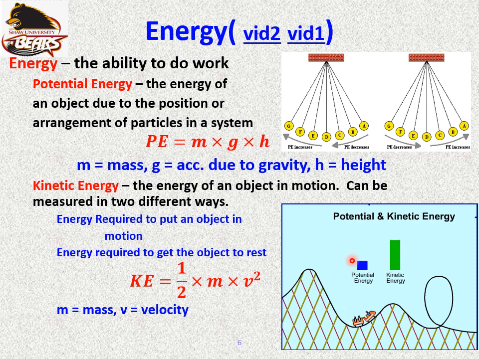One goes up, the other goes down. So you see, their total always adds up. That's the energy conservation law in action. All right, we talked about potential energy, kinetic energy, and the law of energy conservation.